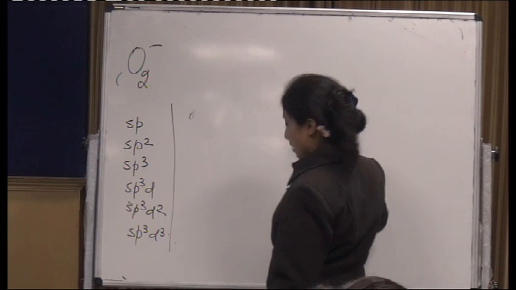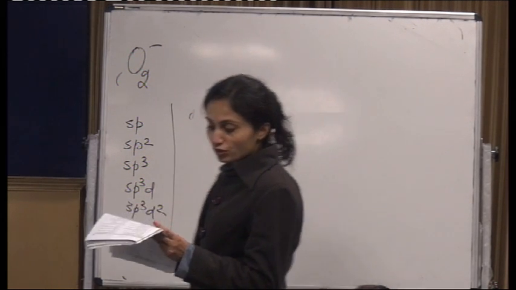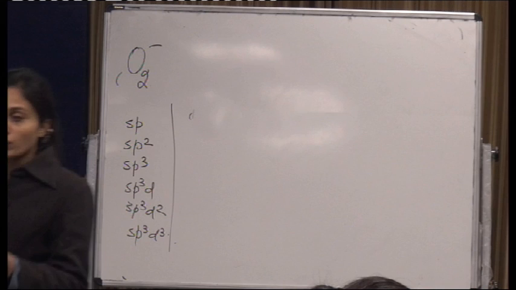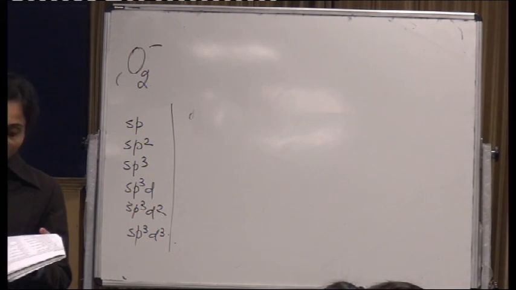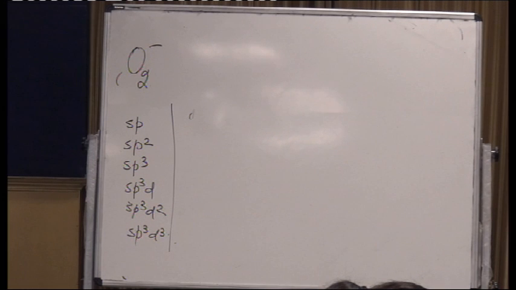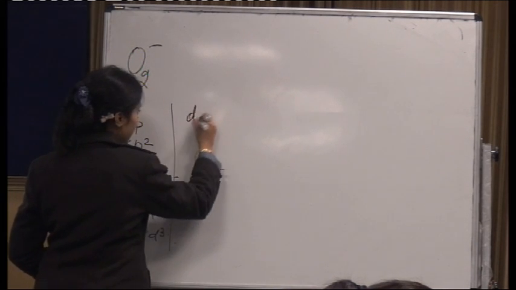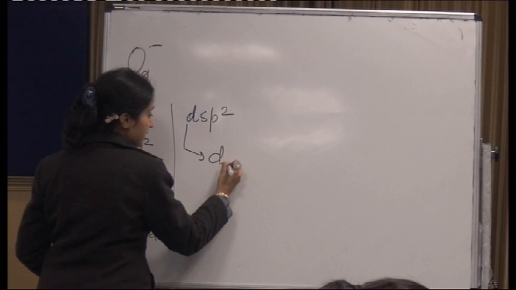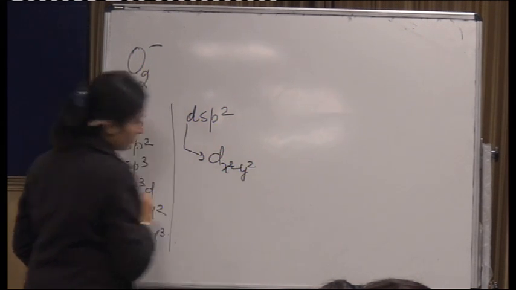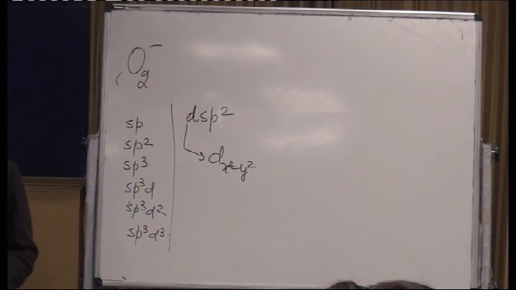So please remember that if I am asking you a question, the formation of a molecule which is square planar requires the hybridization of dxy, s, px, py. No, because this is ds. The other thing is that in dsp2 the d orbital which is involved is dx square minus y square. Alright, please remember that.